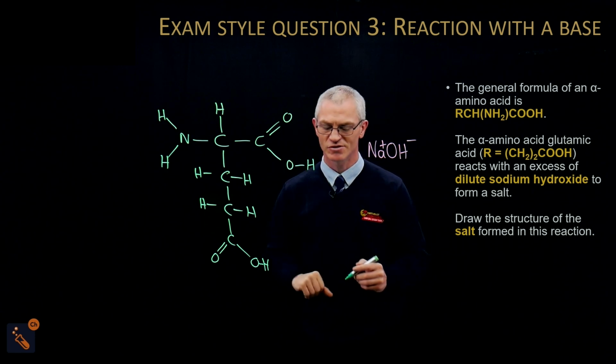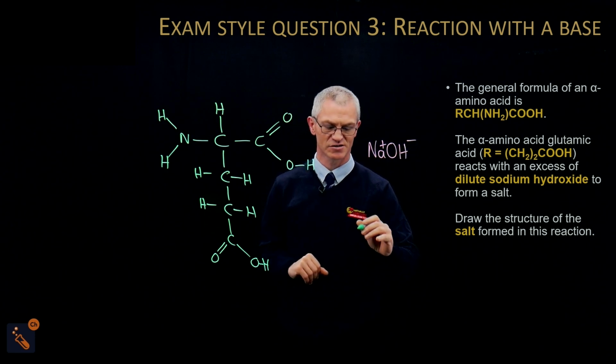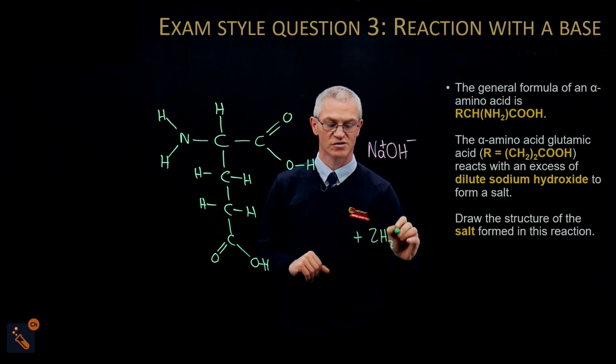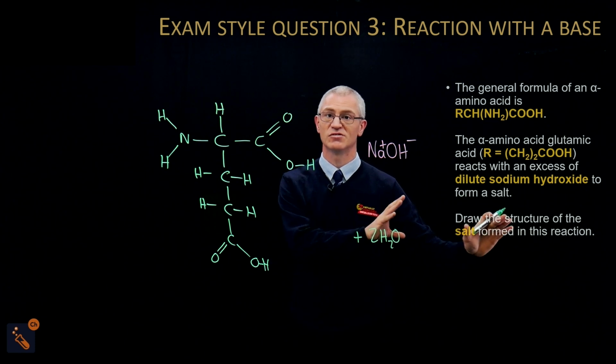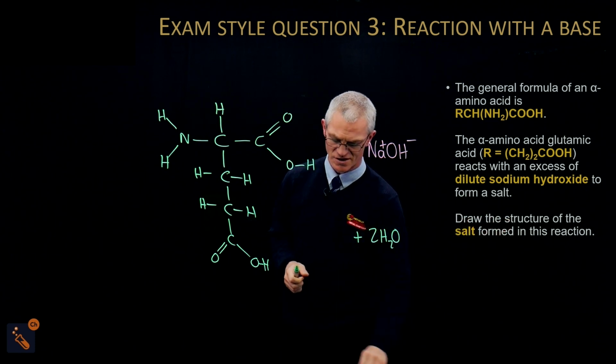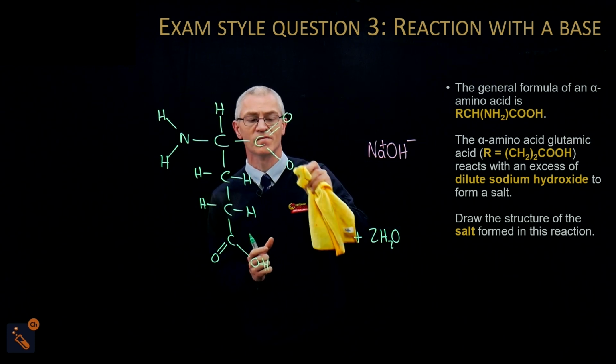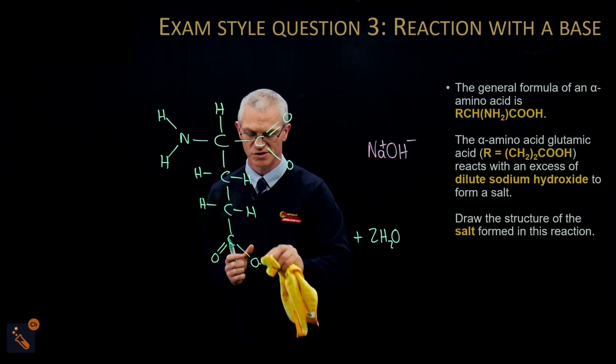And it's going to deprotonate it. So basically the OH minus is going to react with that H and react with that H. And you should get, for example, 2 waters as the product. But they're only asking you to draw the structure of the salt, but you should get 2 waters. Now if we do that, that means that that H will be gone, and that H will be gone.